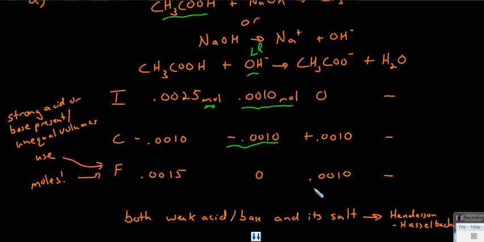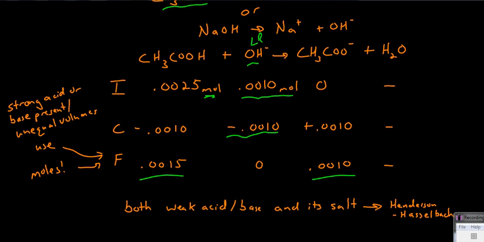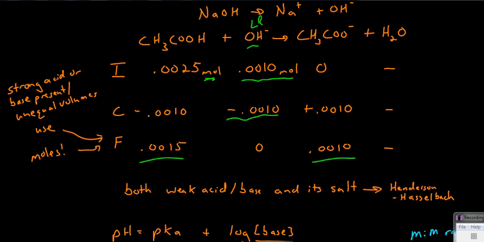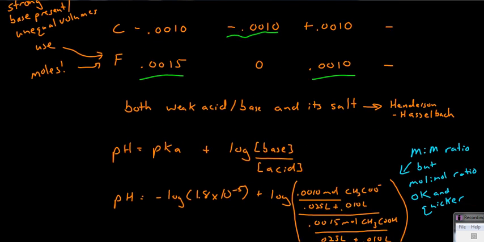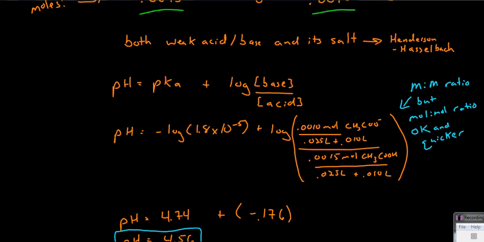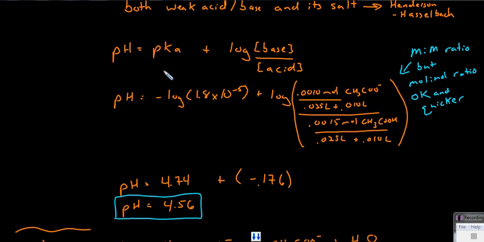Now, having these number of moles of both acetate and acetic acid, having some ratio between this weak base and its conjugate weak acid, we can use the Henderson-Hasselbalch equation. And so we'll say pH is equal to pKa plus the log of the base over the acid.